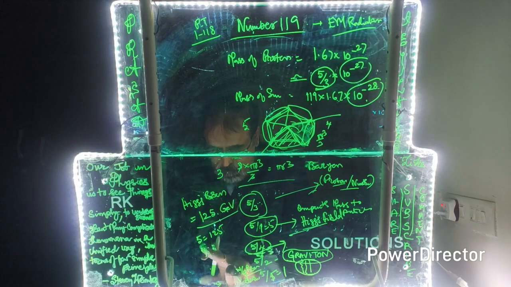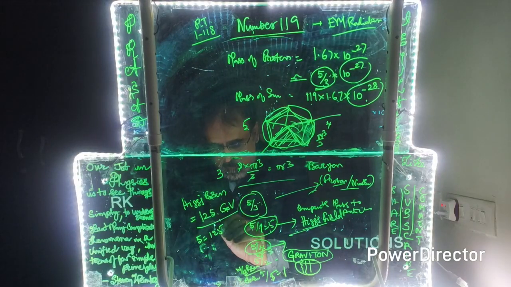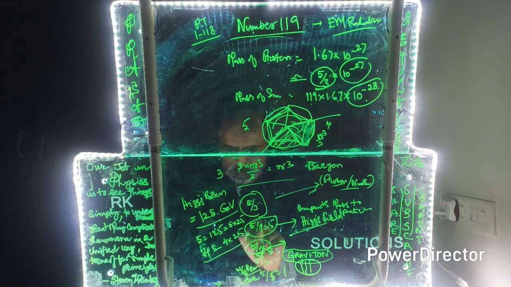Not exactly 5 by 4. Let me stop. If 5 parts is 5 into 25, and if you take 4 into 25 by the same standard, what will you get? You will get 100 GeV.